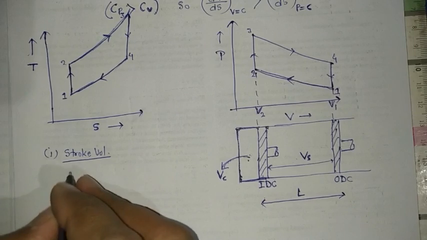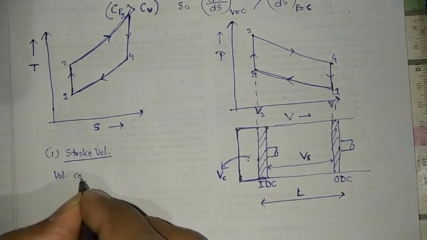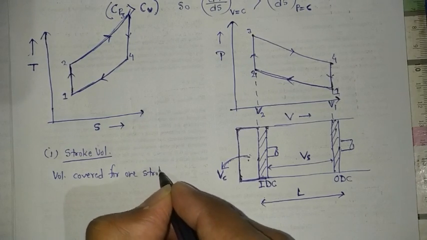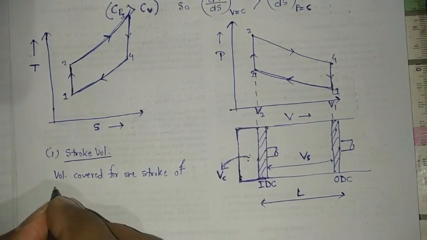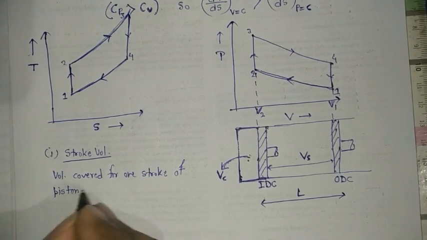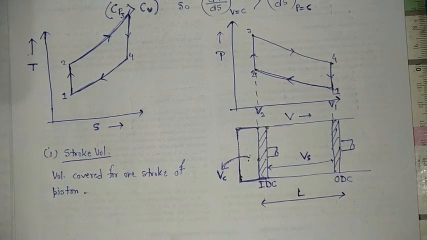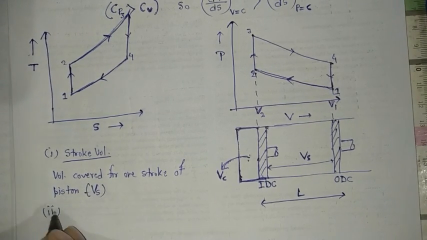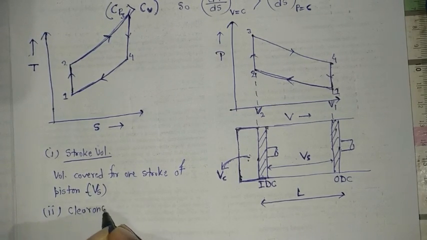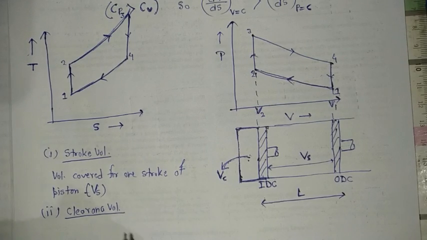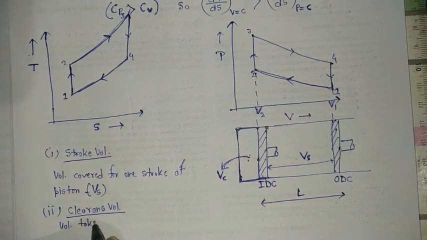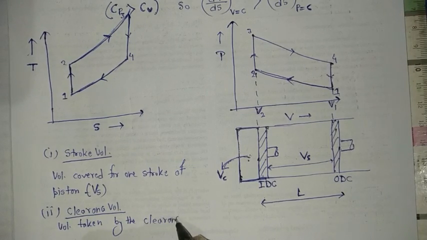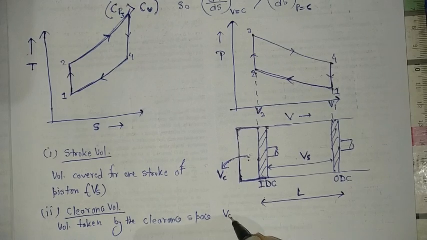Okay, so stroke volume is the volume covered for one stroke of the piston, and it is denoted by VS. Similarly, clearance volume is the volume taken by the clearance space, and it is denoted by VC.